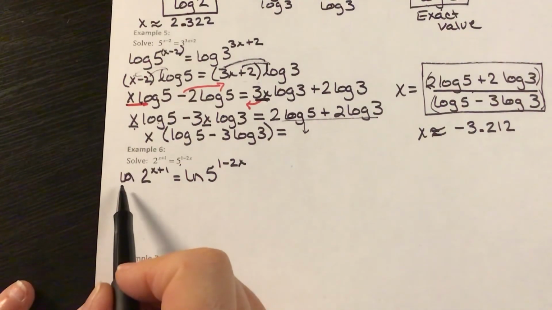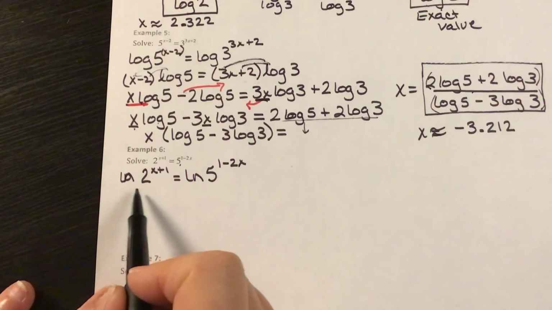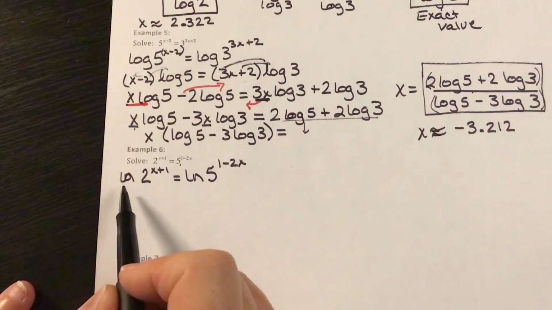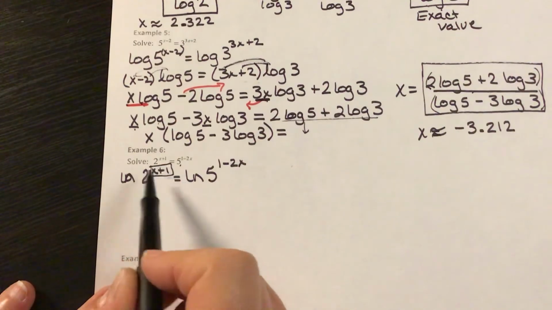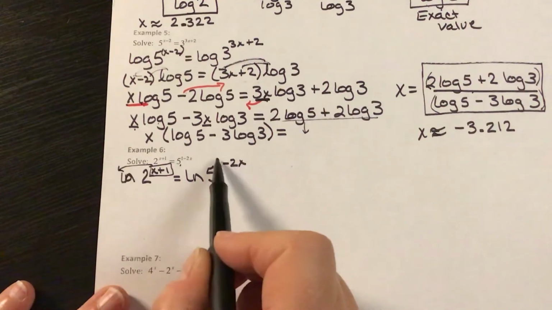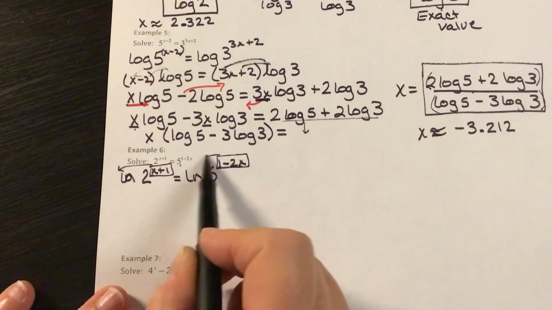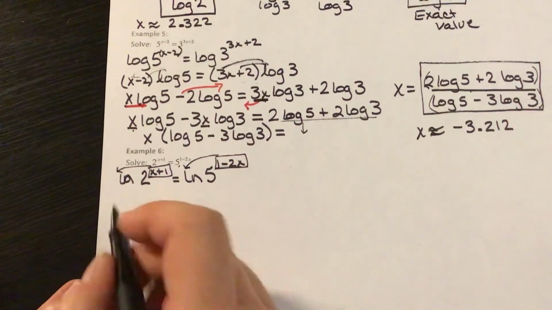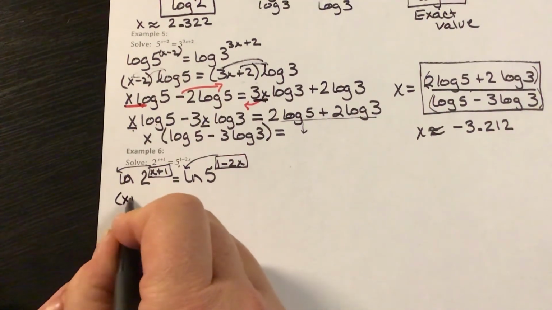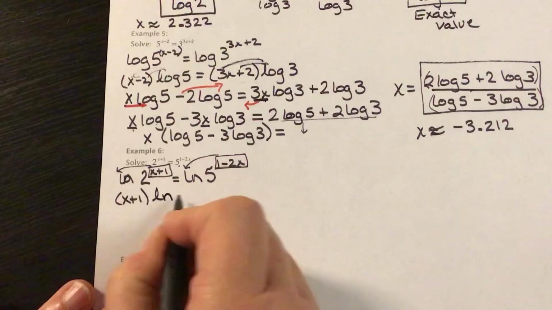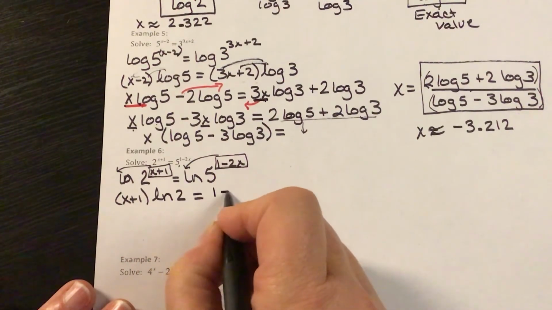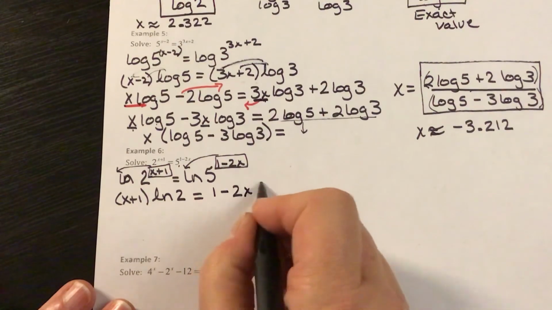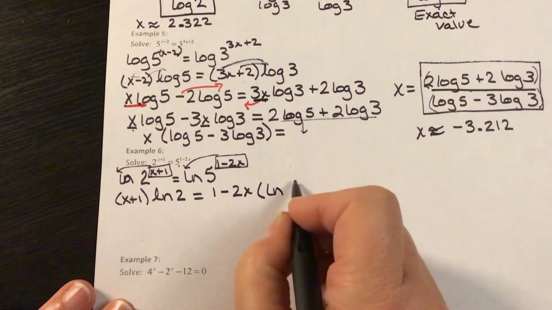And because I did this ln, I can use my properties to move the exponents out in front and multiply. So I have x plus 1 times ln of 2 equals 1 minus 2x times ln of 5.